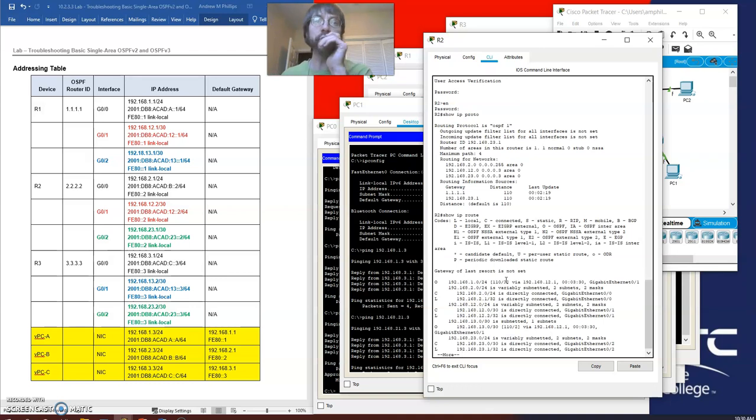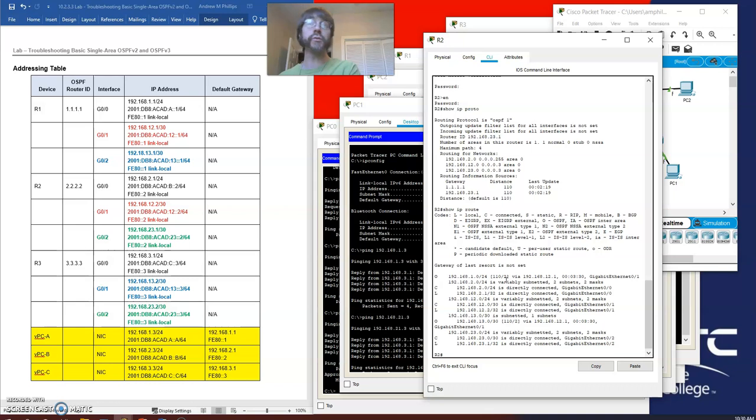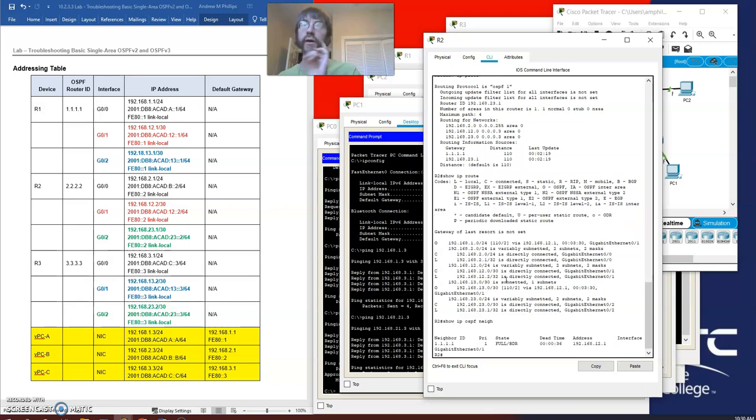Let's see. So I'm talking to 1 and 2. 1 and 2 are very clearly talking to each other. I can also do this with show IP OSPF neighbor. Now, no, because this is Packet Tracer. This is, of course, written as a live lab. So show IP OSPF neighbor and show IP OSPF interface brief should work, but it is not implemented in this version of Packet Tracer.